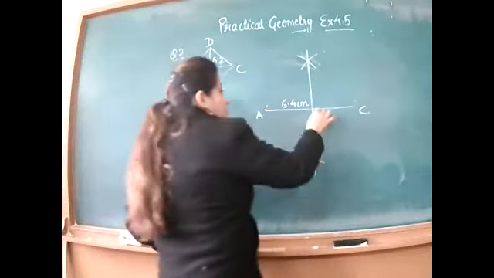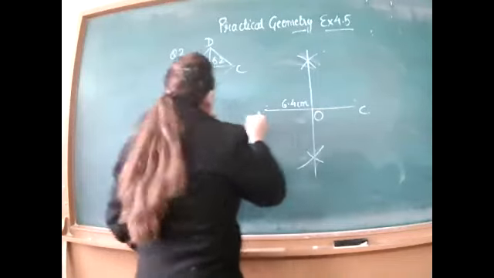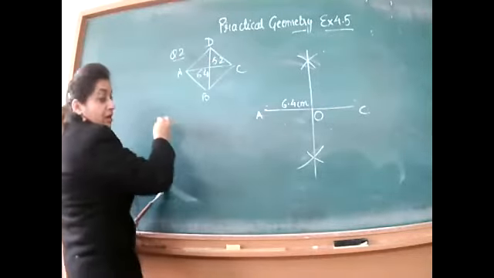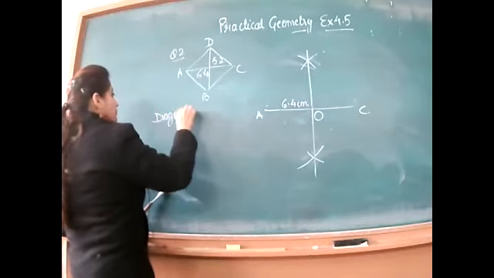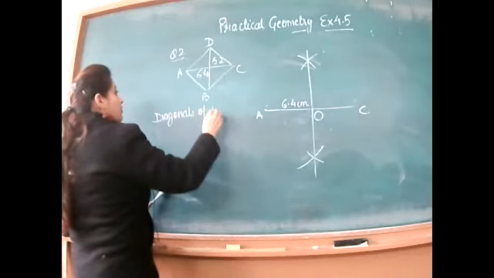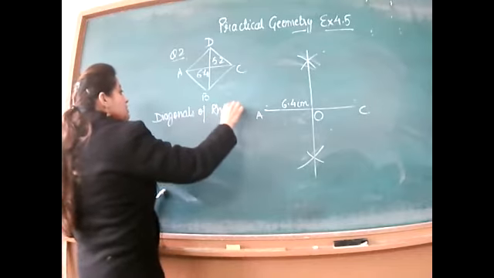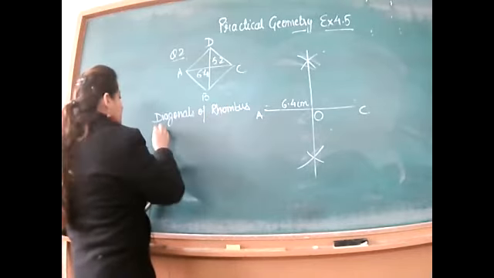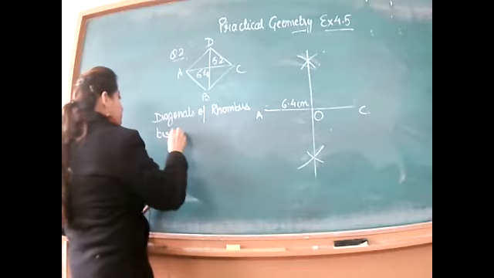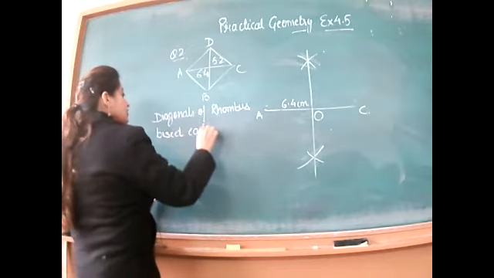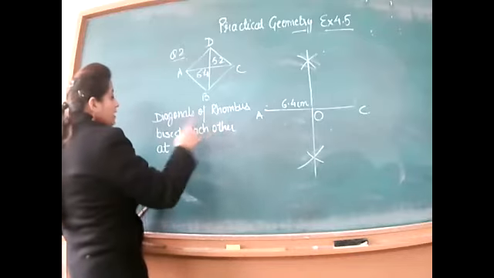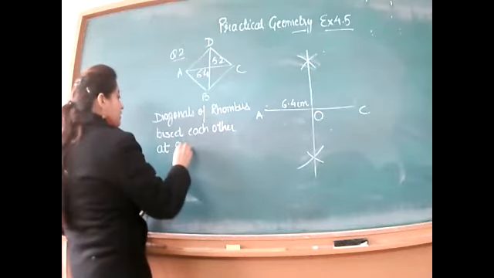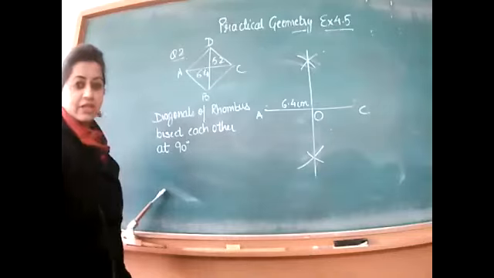Give it the name O. Now, which property will you write here? Diagonals of rhombus bisect each other at 90 degrees.